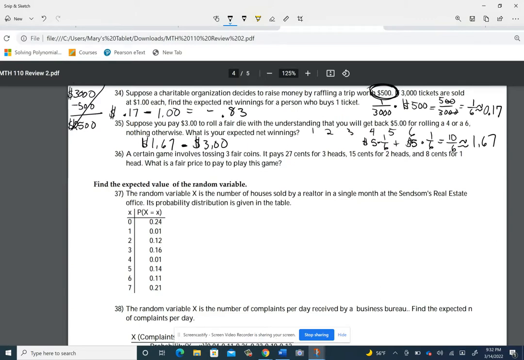So 1.67 take away 3 means the net winnings would be a negative $1.33. Not a fair game. It's unfair against me.